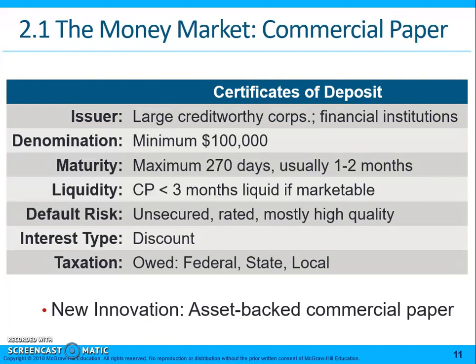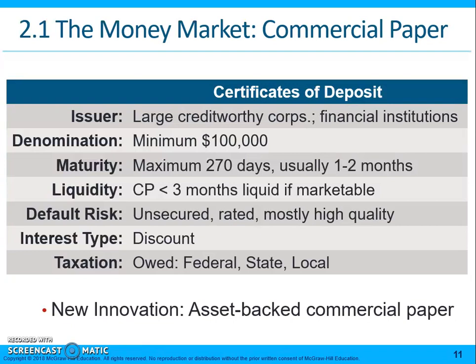The liquidity: commercial paper less than 3 months is very liquid if it's marketable. Default risk is typically very, very, very low. However, they are unsecured instruments, but again, we're talking about very highly rated corporations and financial institutions.